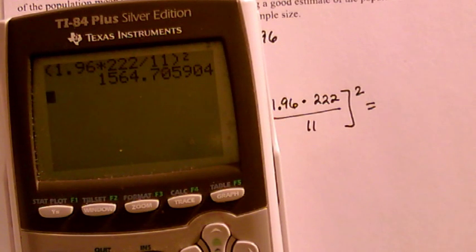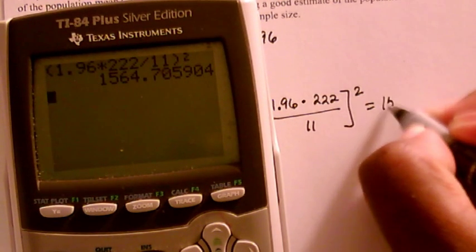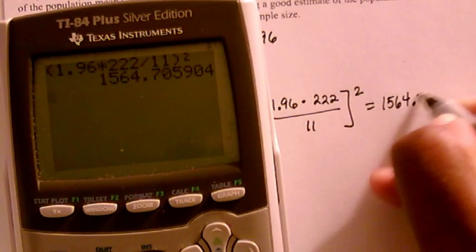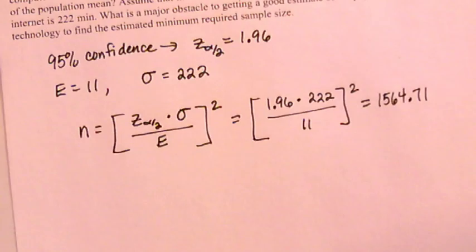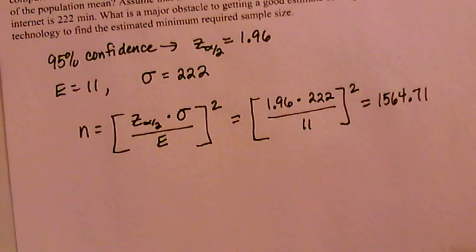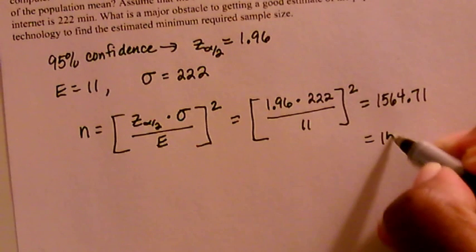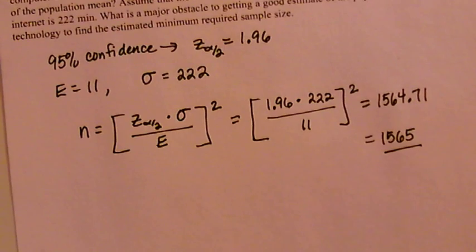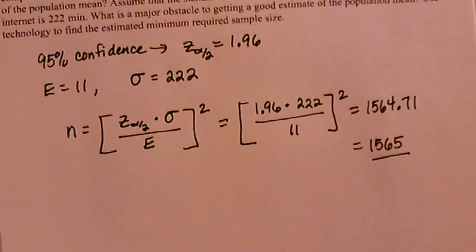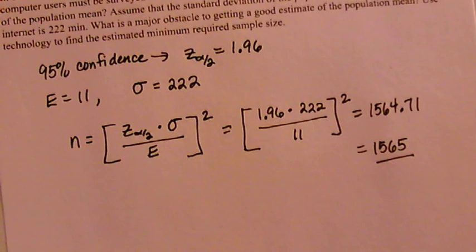So this will be 1564.71. But you know, since you have a decimal value, you round up to the next larger number, so it'll be 1565. Okay, so in this case here, the required sample size that we need for computer users to be surveyed in order to be 95% confident would be 1565.